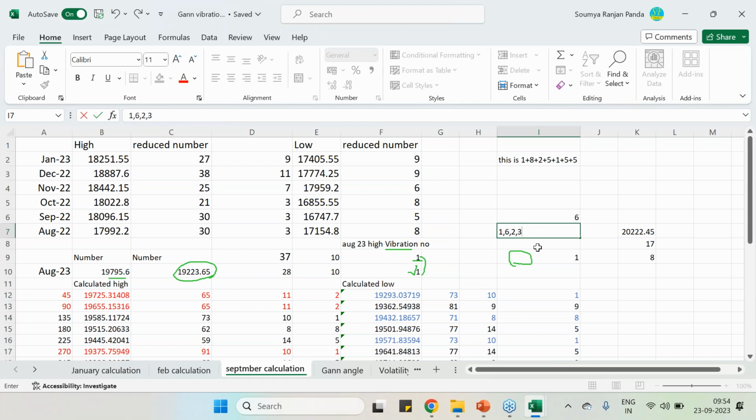You can split into 4 plus 2, so 2 is there and 4 also you can bring. 3 plus 3 is 6, so 3 is already there. If it is 6, you will get 1, 6, 2, 3, 4, 5.